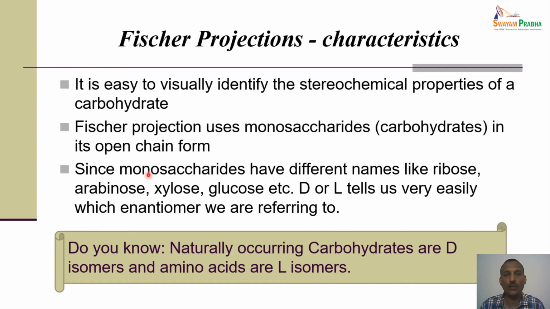And moreover, each monosaccharide has different names like ribose, arabinose, xylose, glucose, based on whether they are triose, tetrose, pentose or hexoses.